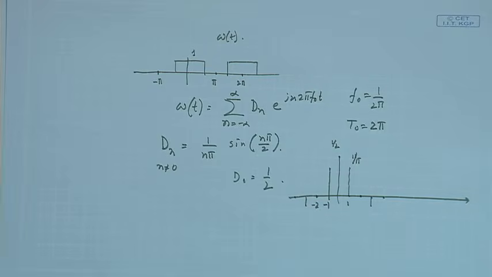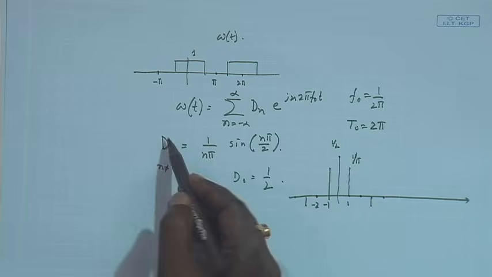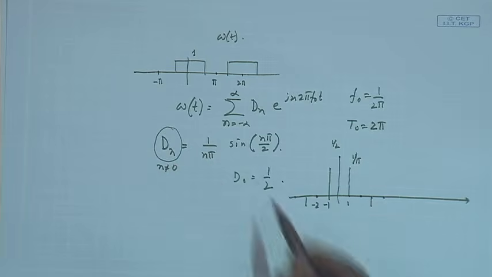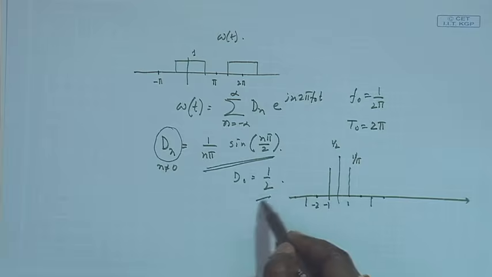If you see carefully, our d_n term is now a real number, all d_n including d0 are real numbers. So, initially we said that d_n can be a complex number, and the amplitude of that is plotted in the amplitude spectrum and the phase of that is plotted in the phase spectrum.